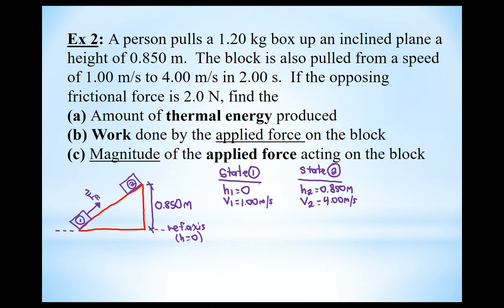Okay, we want to figure out A, the amount of thermal energy that's being produced. So that's delta ET. To calculate delta ET, it is equal to the force of friction multiplied by the distance.